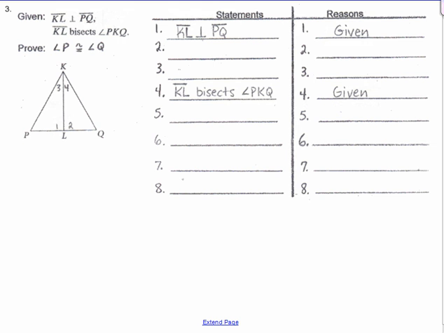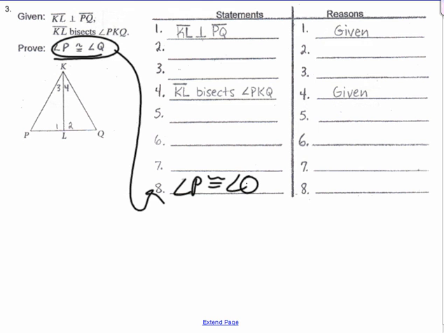Next one, write what you need to prove last. So angle P is congruent to angle Q. And I start with red. It's not a congruent statement, so I'm going to have to use it. So they're saying KL is perpendicular to PQ.